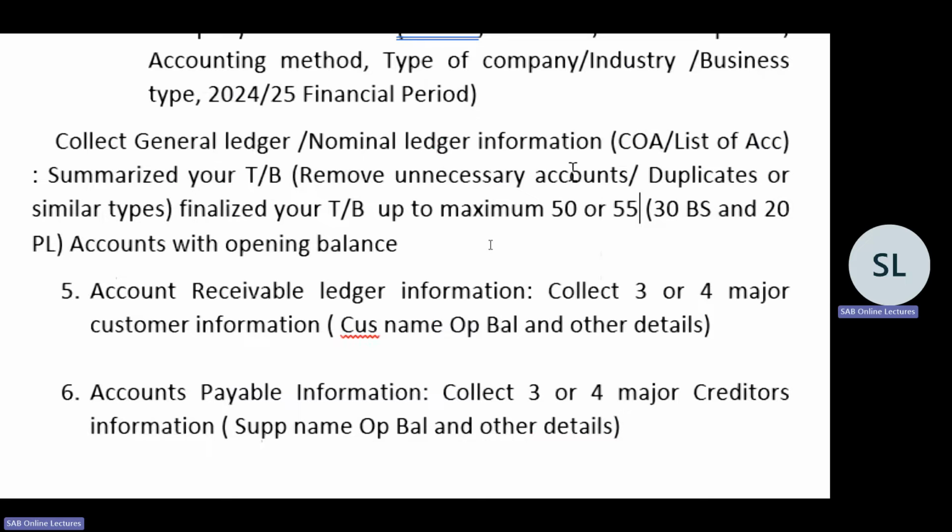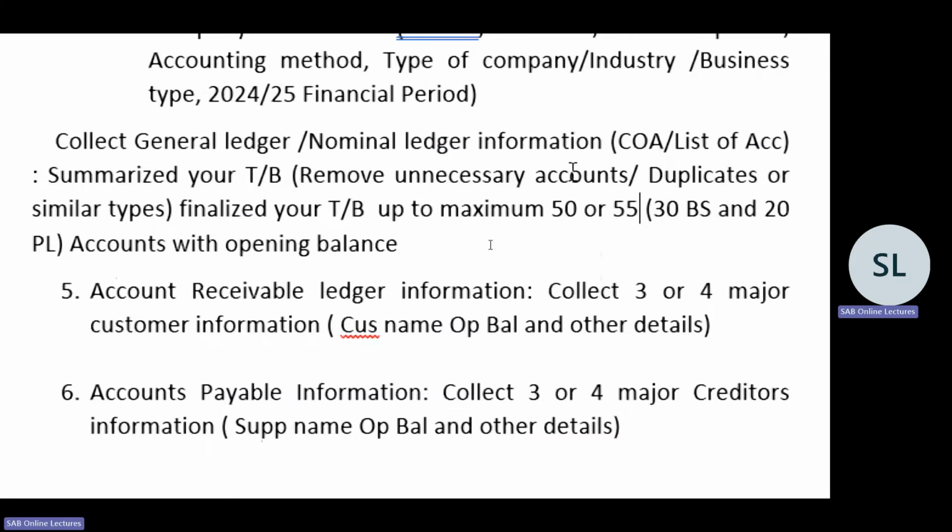Another example, under salary: director salary, executive salary, junior staff salary, workers salary, like this. There are a large number of salary accounts and EPF and ETF. You have to summarize them into one salary account, one EPF, one ETF. Understood? Remove the unnecessary accounts or duplicated or similar type.